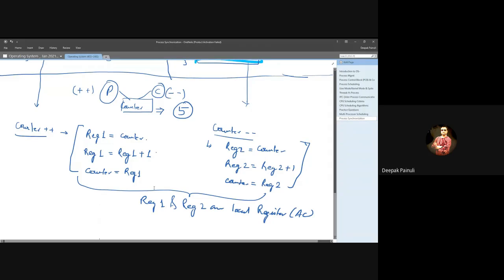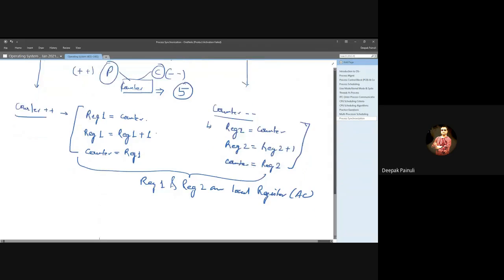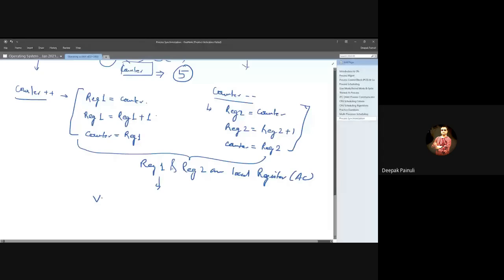We already know that values are saved and restored by the interrupt handler.